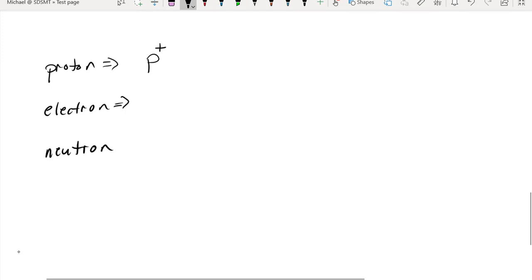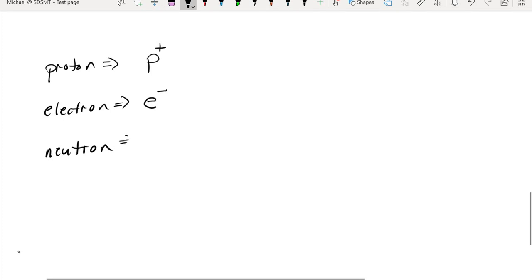The electron, we will use the symbol of E, and the electrons have negative charges. And just like with positive and negative numbers, the positive and negative charges are going to indicate the difference between the positive and negative signage.